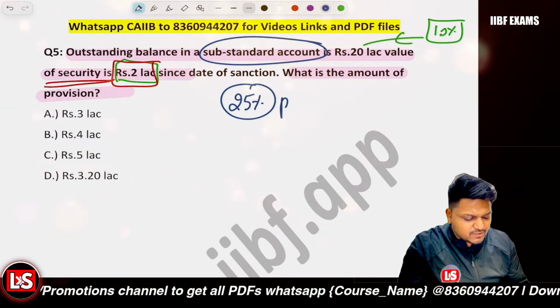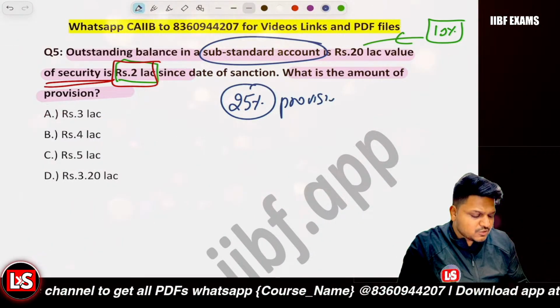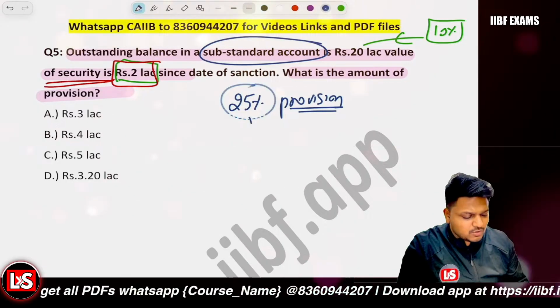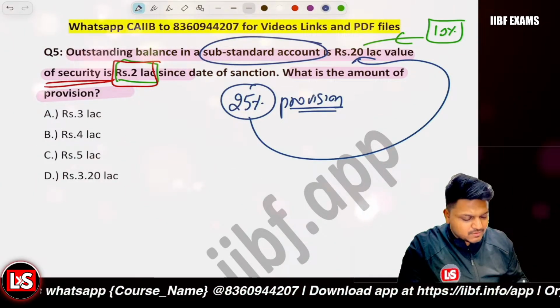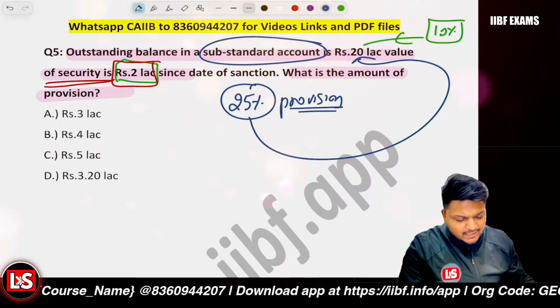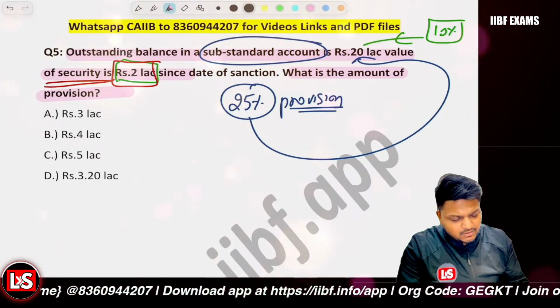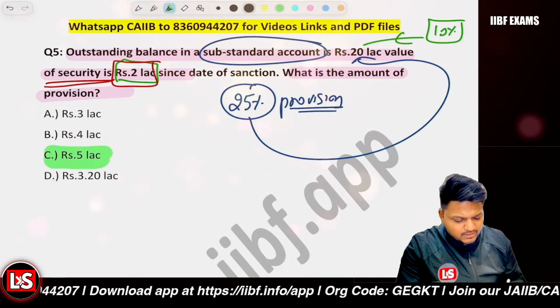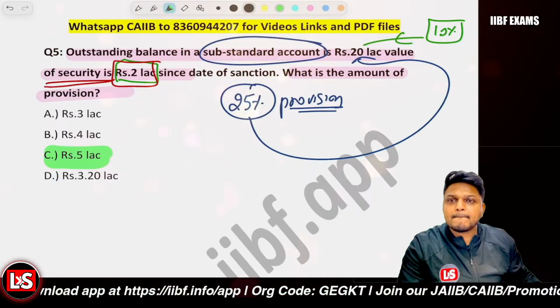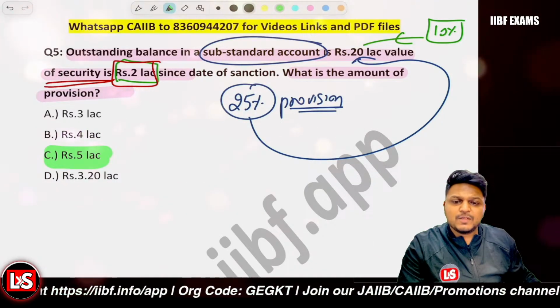So 25% provision is to be maintained on the outstanding balance. So 25% of 20 lakh rupees means 5 lakh rupees. So this will be the answer. Rupees 5 lakh would be the answer here.